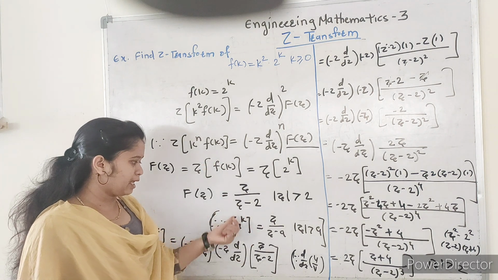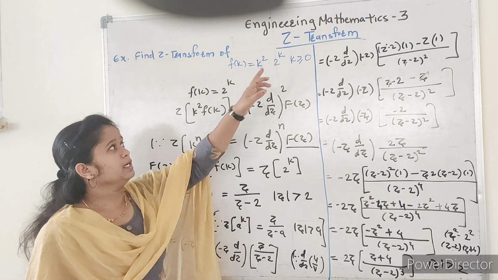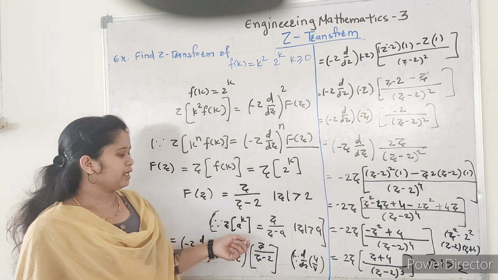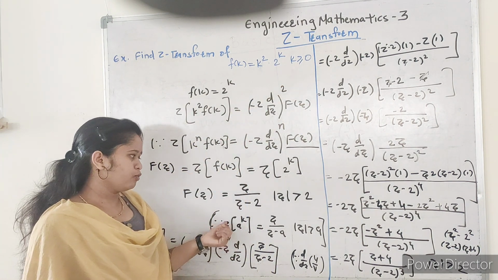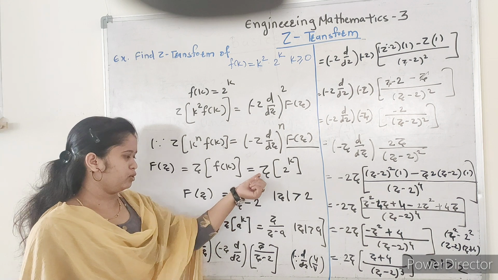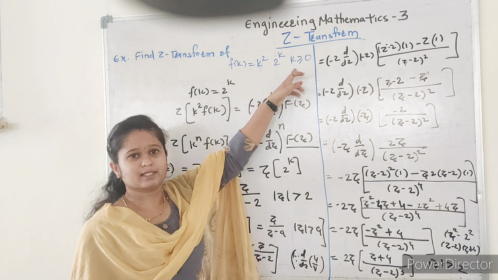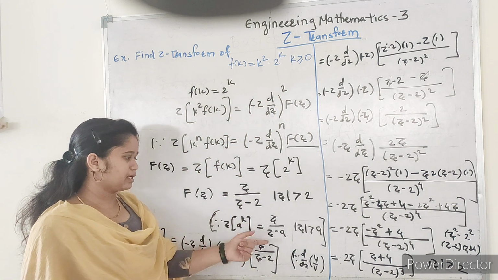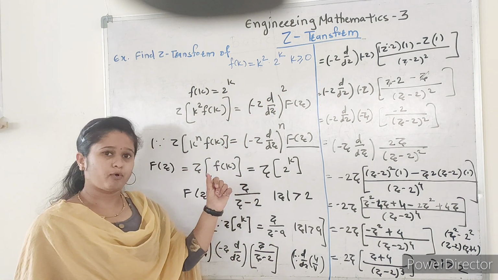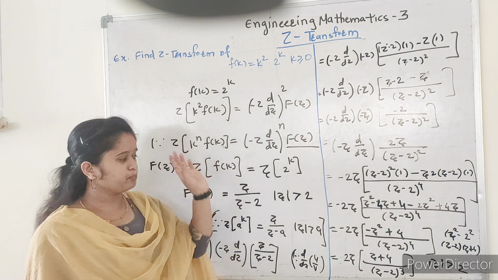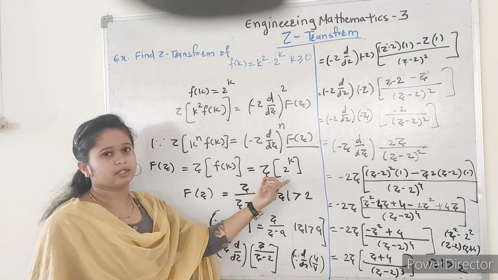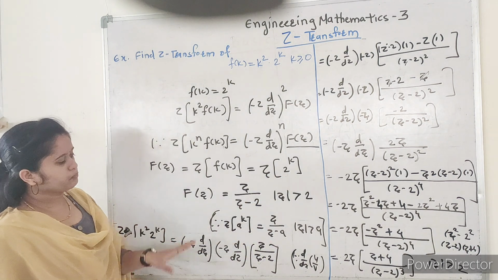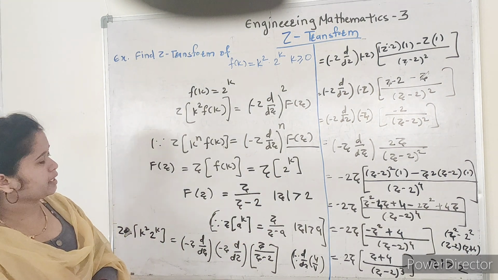Here we directly apply this result because this result is true for k greater or equal to 0 only. If it is not given that k is greater or equal to 0, then we can't apply this result directly. So in that case we solve this by using the definition of z transform. So this is one example of z transforms.